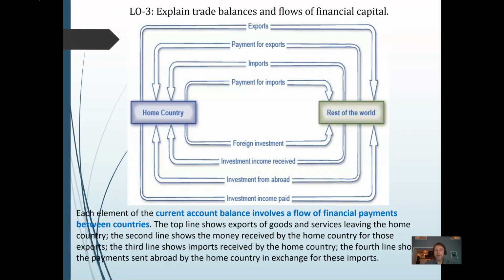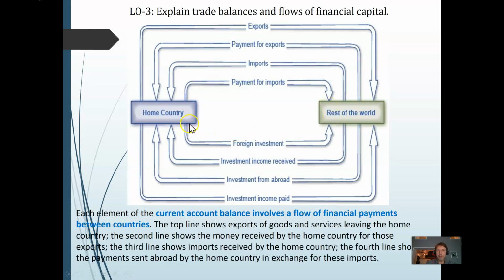Remember, these diagrams help us to try and understand a story, so I'm going to just take you quickly through it. So we export, if our home country is the US, then we just call home country US, but that might not be yours. We export goods, they make payments for those goods. They send imports to us, and we make payments for those imports.